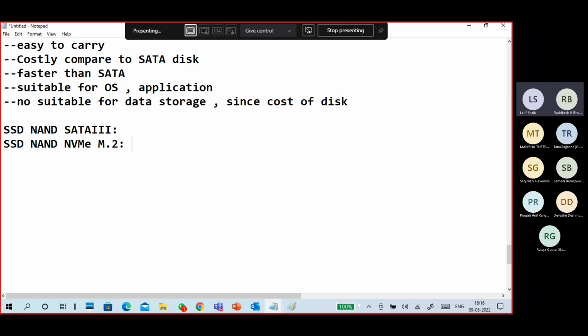You have a hard disk, and some people tell you your system is very slow and it's better to change to SSD. Your hard disk is a SATA hard disk, and you change it to a SATA SSD at a little higher cost.